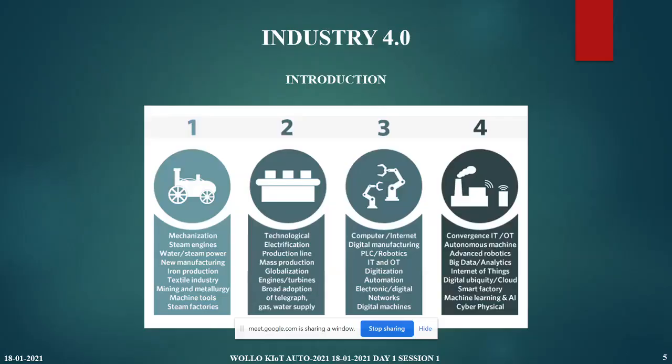And you have a lot of PLC and robotics which come into place. You have digitization and automation, which means the tasks are done automatically, albeit with limited human interaction. You have various electronic and digital networks to monitor things, and you finally have digital machines.